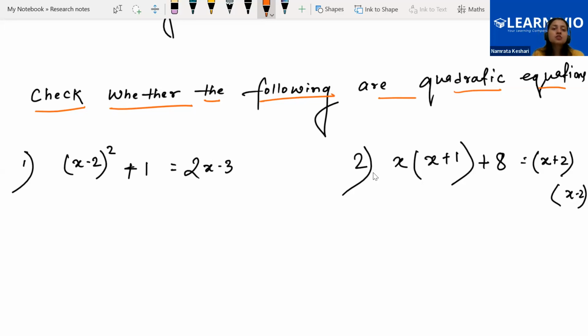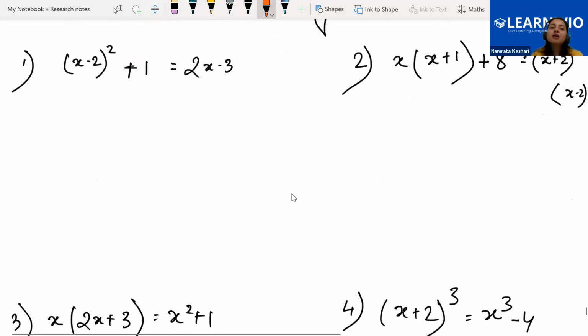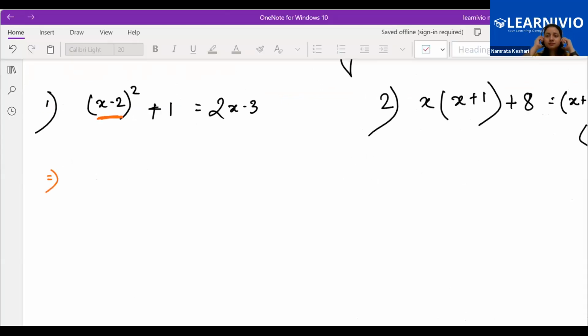Let's check it. So the first one. Can you tell me, Alvina, what is the formula for this, x minus 2 whole square? Can we apply any identity over here, Alvina? Yes, ma'am.